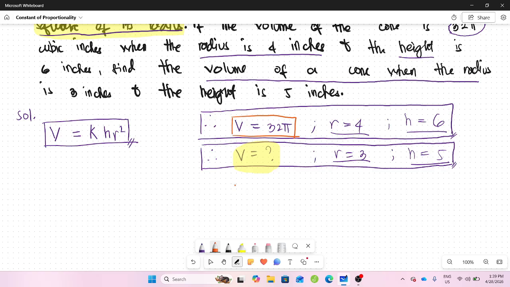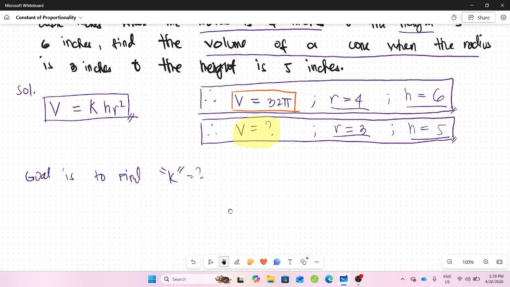Okay, so we have here our equation earlier based on the statement of the problem. So initially, our goal here is to find the constant of proportionality, or the value of k.